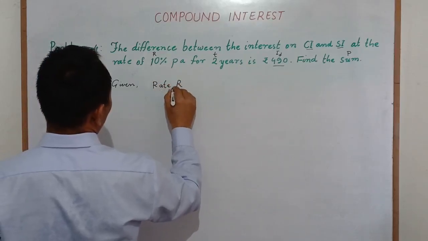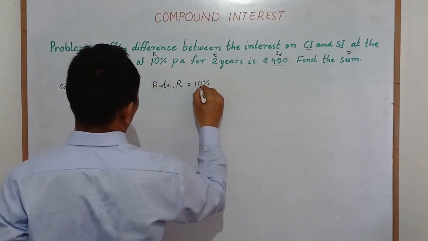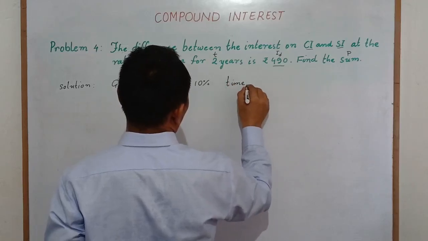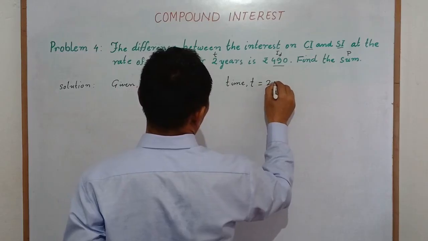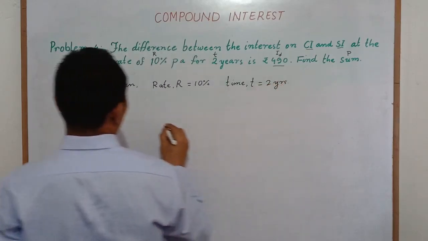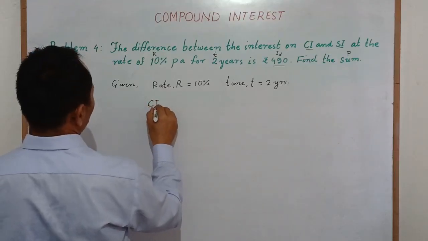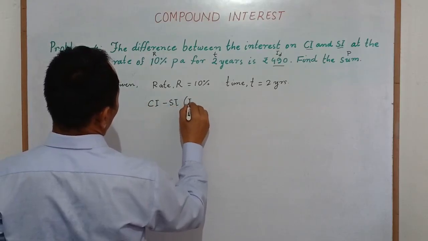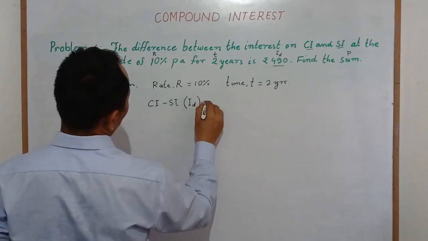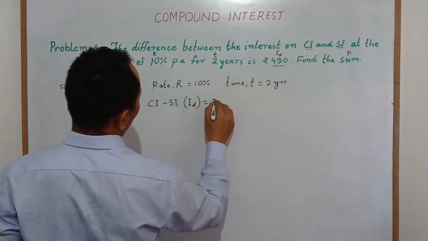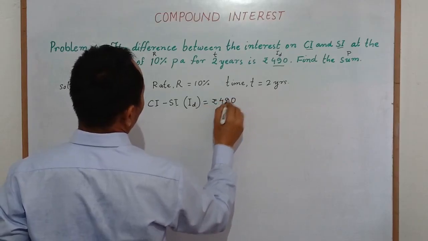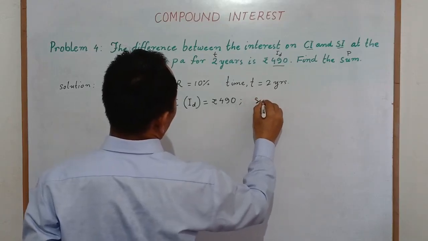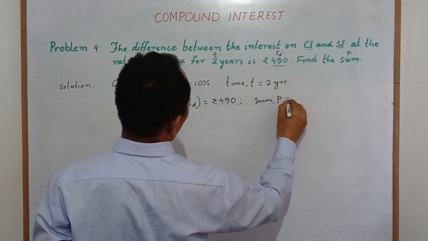Rate R is equal to 10%, time T is equal to 2 years. Difference between CI and SI, ID is equal to rupees 490. Sum P is to be calculated.